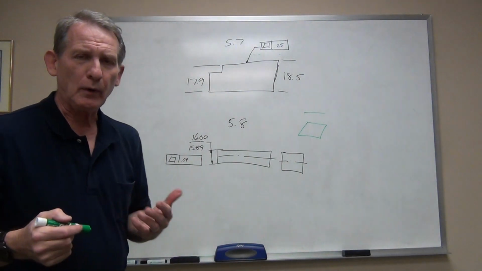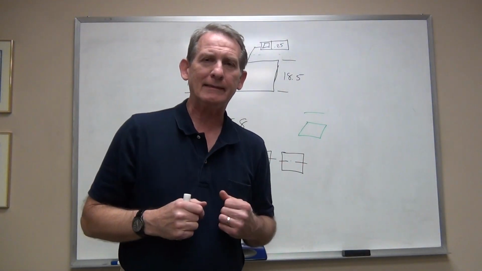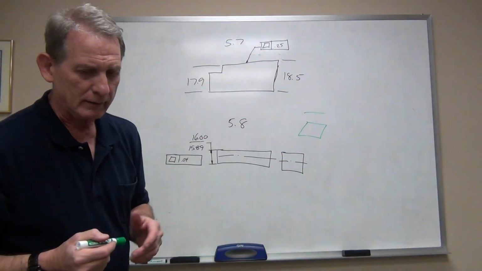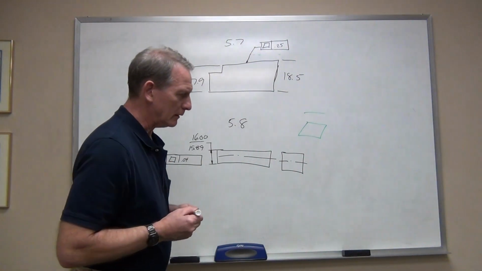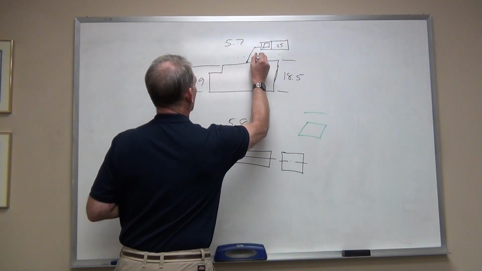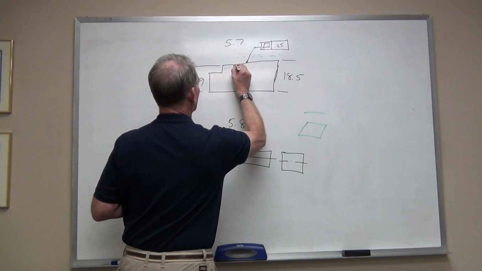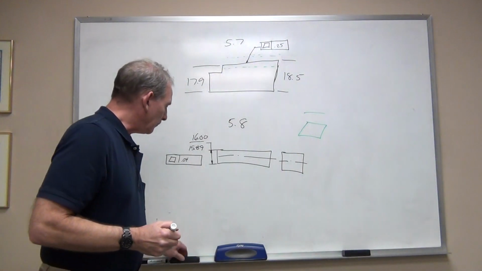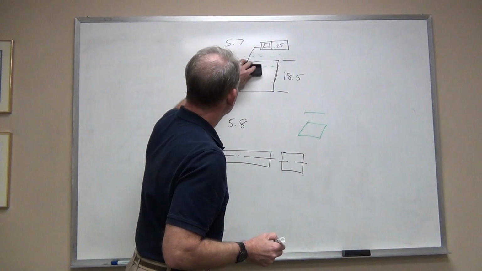But where do I place that tolerance zone? How is that tolerance zone oriented? Well, in the drawing or in the book here, they show sort of parallel lines. But that really isn't the case.